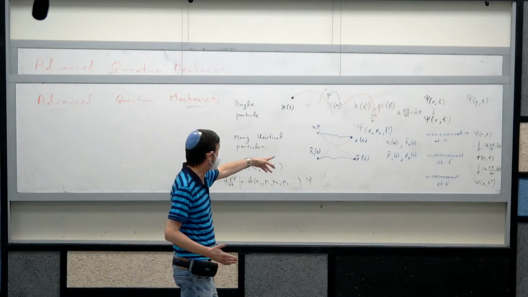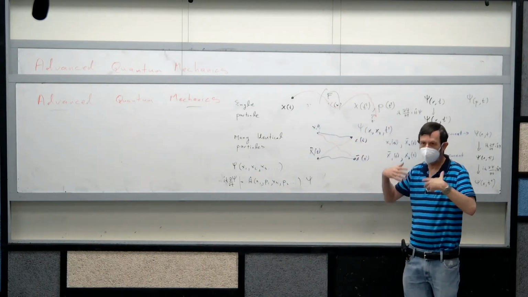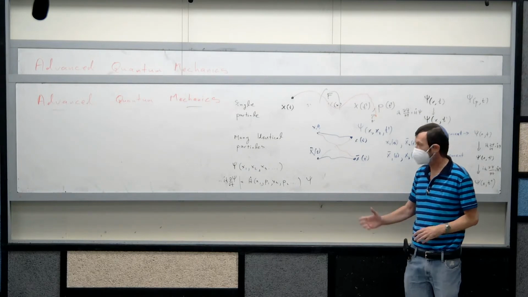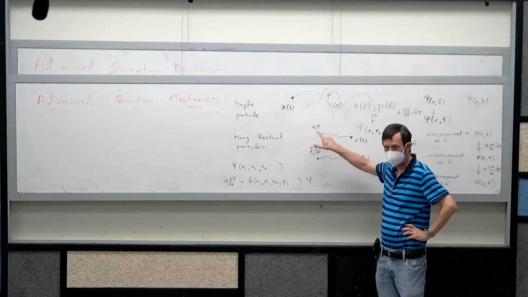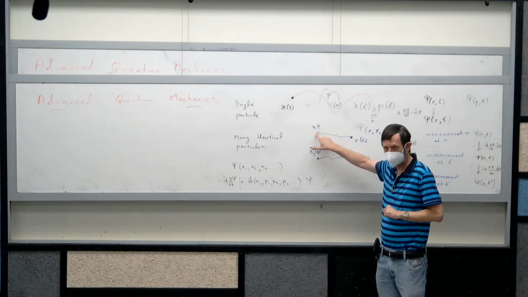So, no, you can't follow this on the way and claim that you solved the same problem. If I come and ask you at time t, I had two particles here and here. Where is this particle?